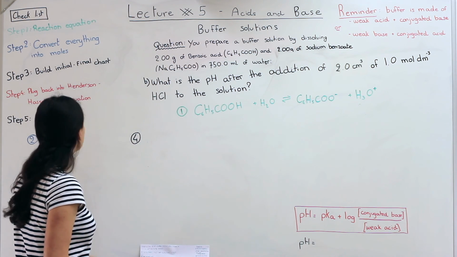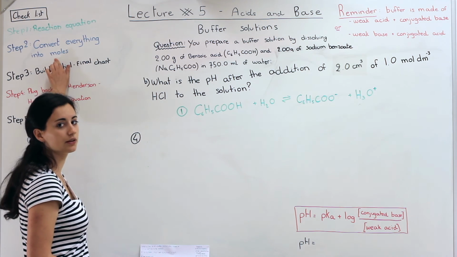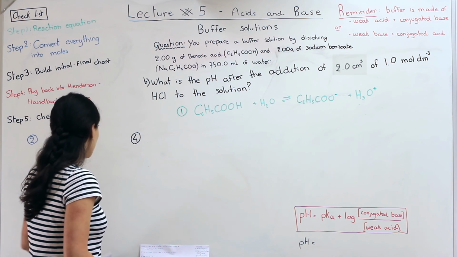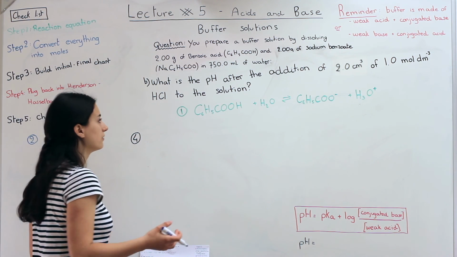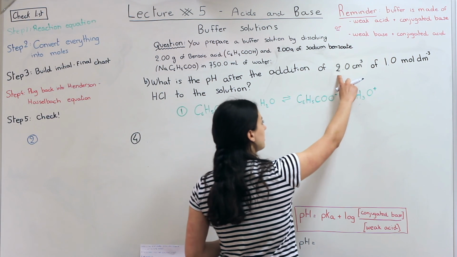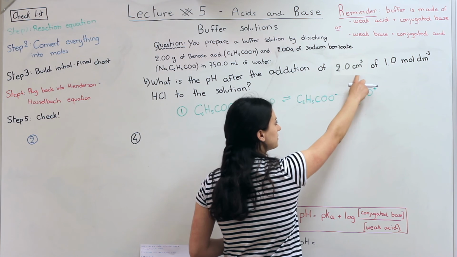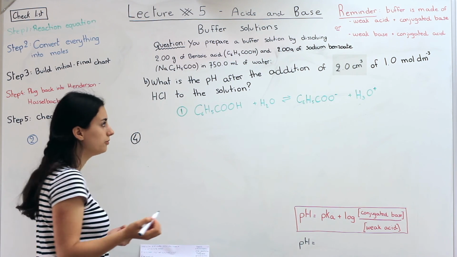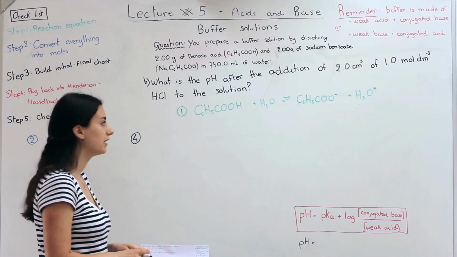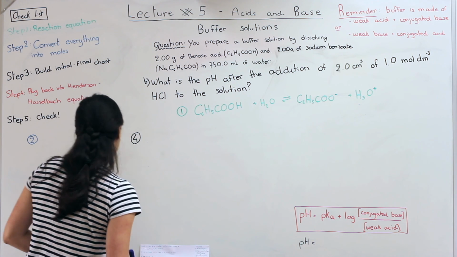Now the second step is to convert everything into moles. So first we want to find how many moles of HCl we have. Here we have 2.0 centimeters cubed of 1 mole per decimeter cubed, so we're going to convert that into moles.